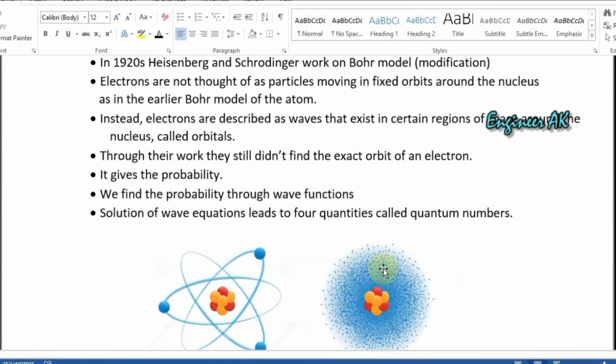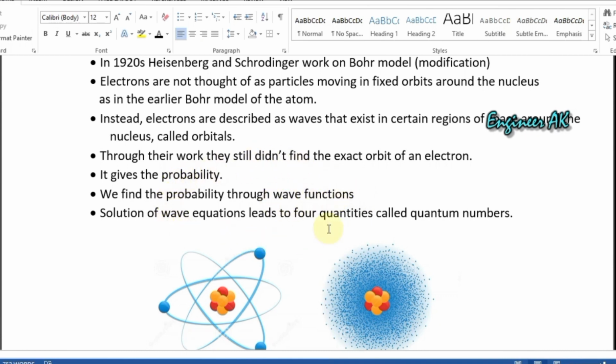Probability means there are chances that the particle might exist here. In the orbital that exists here, it might be possible that there's the electron, or the particle we are searching for. And the probability is found through wave functions.